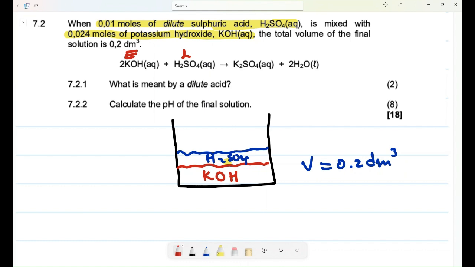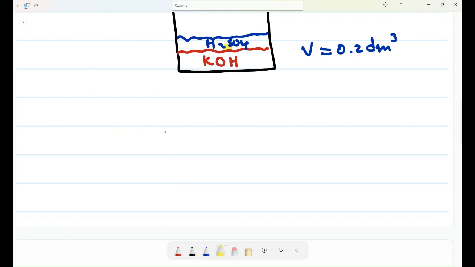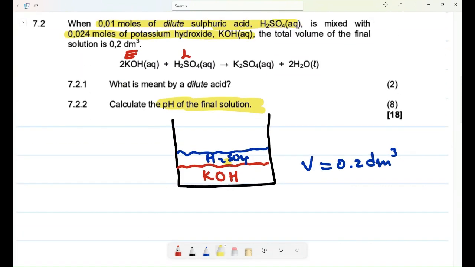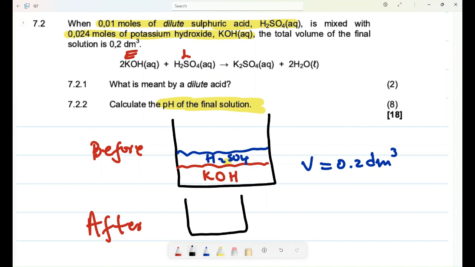So now when you calculate pH, we find pH from the concentration of the excess one. After the reaction has occurred, what will be left is only KOH.